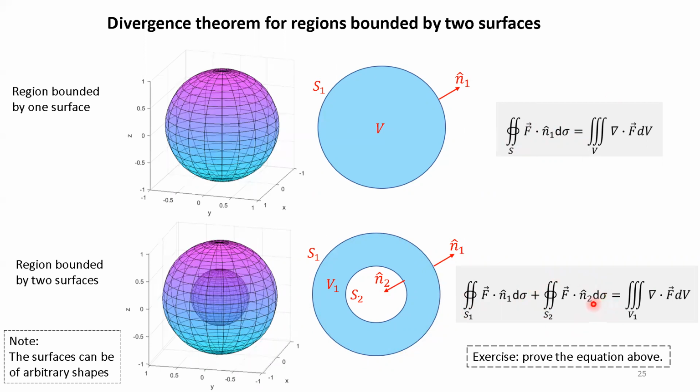And remember, pay attention to N2. N2 is a normal vector pointing in this direction, a vector that's kind of pointing inside, into the origin. But although it's pointing inside, in the sense it's also pointing outside, right?